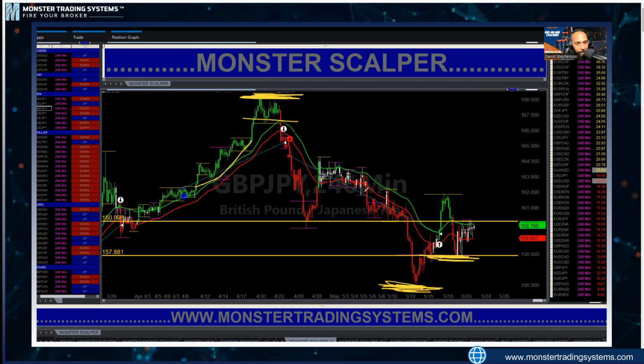That was good information, so pay attention to that. These support and resistance lines will tell you when buyers are coming in to hold the floor, and when sellers are coming in to hold that ceiling.